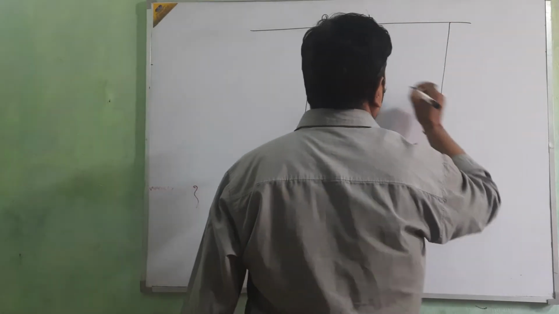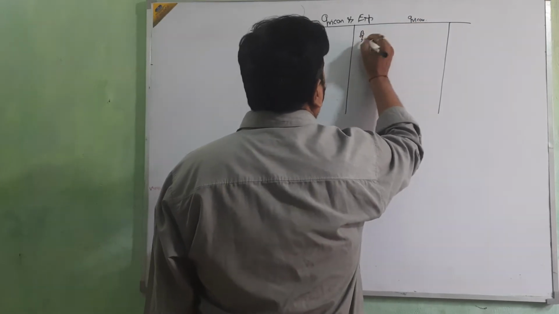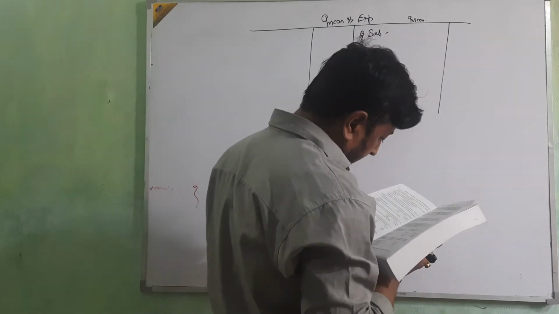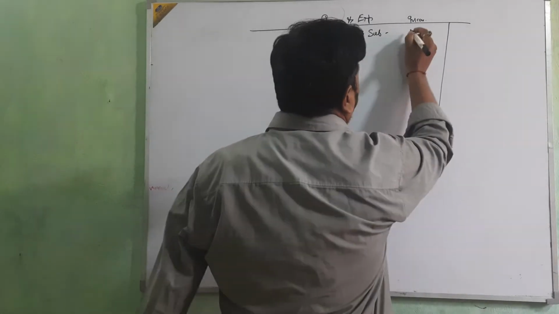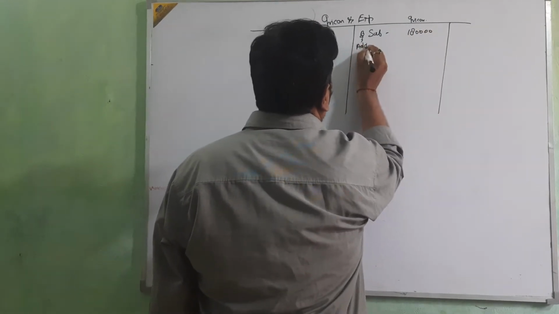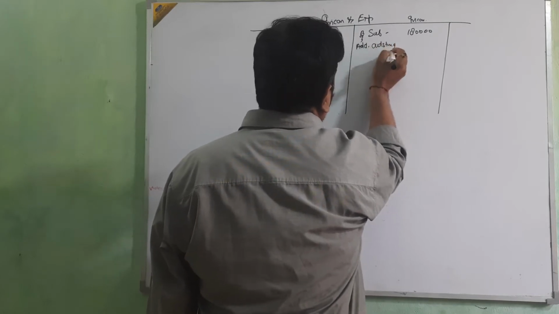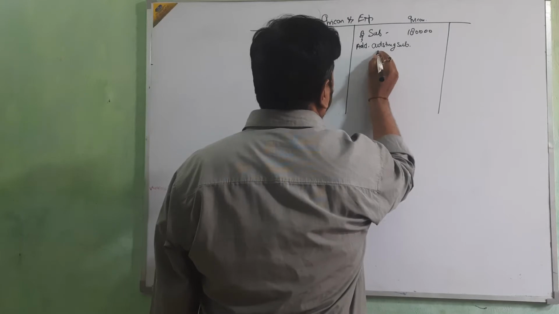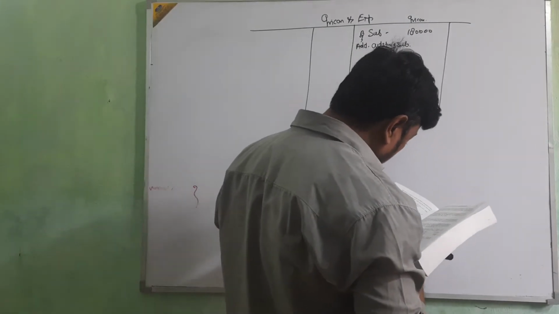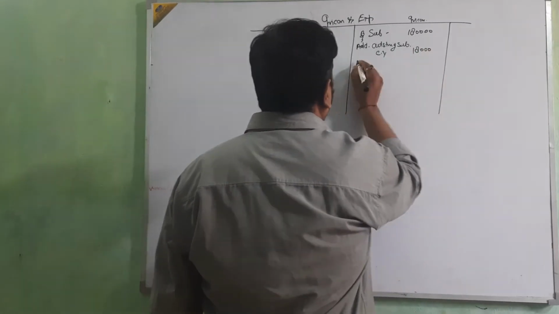Subscription goes on the income side, by subscription, and the amount is 1,80,000. Then add outstanding subscription current year, and the current year amount is 18,000. It's 1,80,000 and current year outstanding is 18,000.